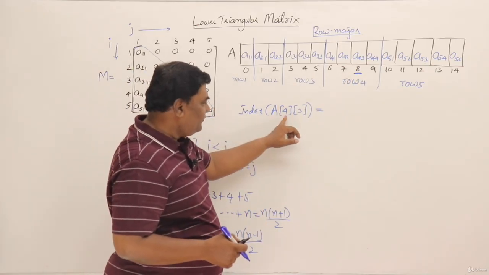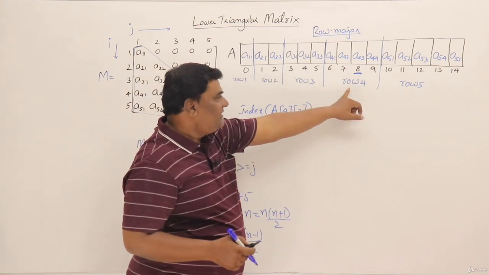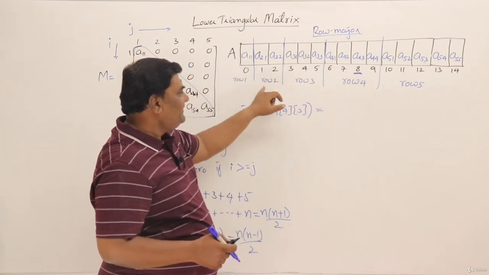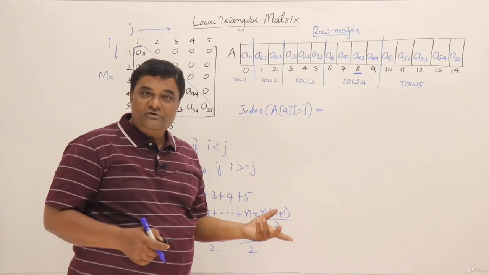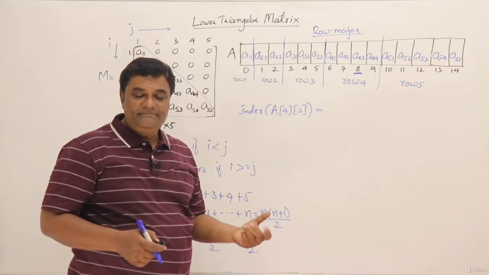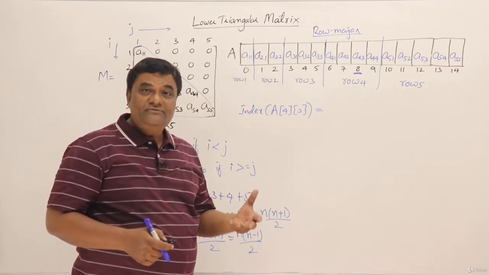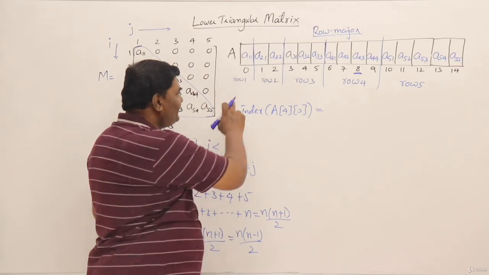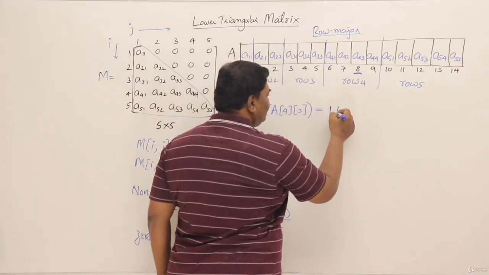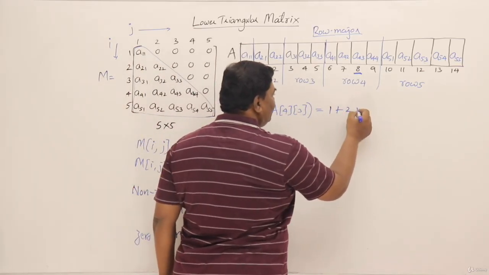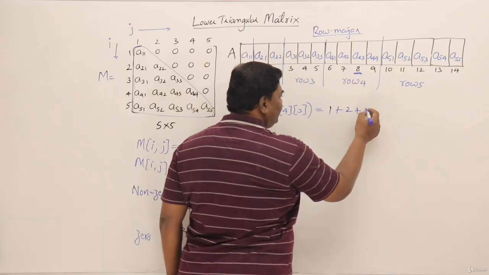See, this element is in the 4th row, so it will come after 3 rows. In the first row, how many elements are there? Second row, how many? So I have to skip 3 rows. The first row has just 1 element, the second row has 2 elements, the third row has 3 elements.